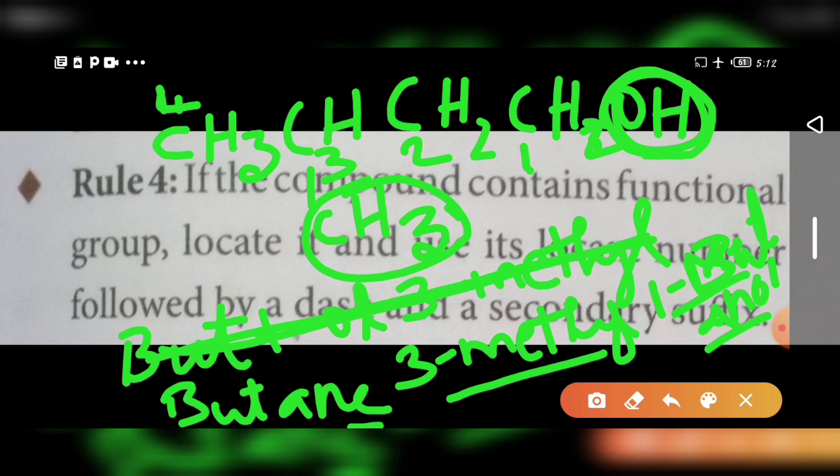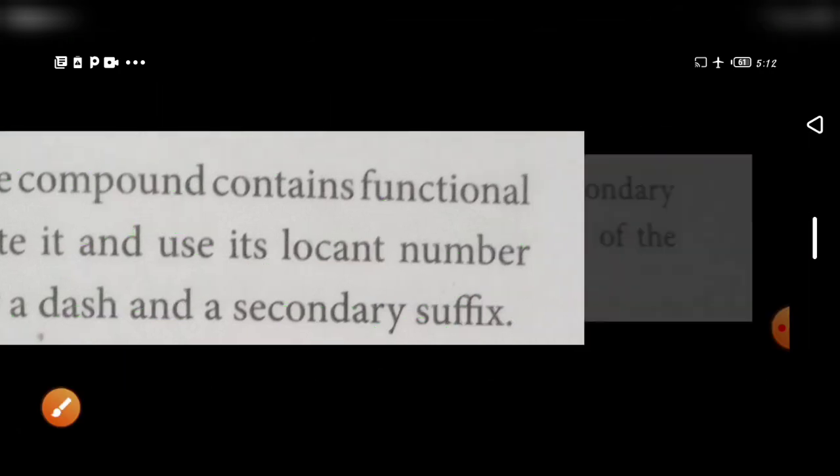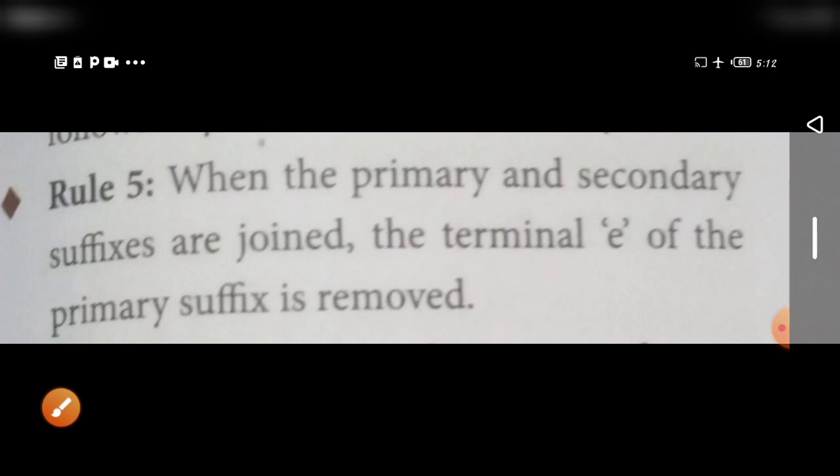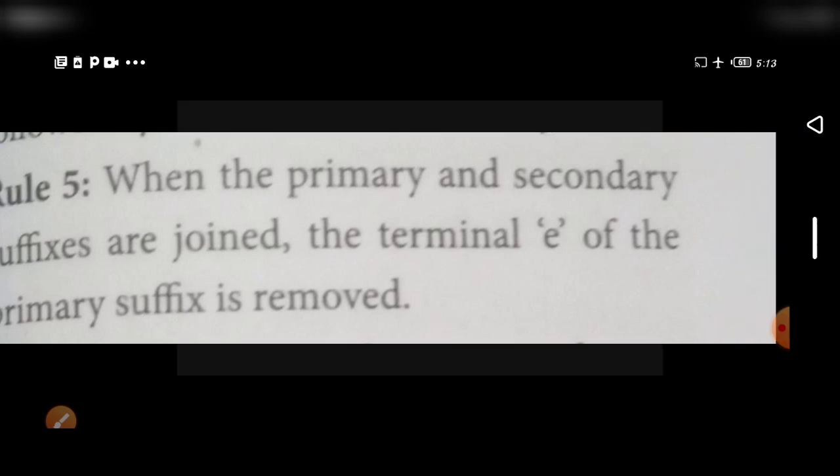Butane. So instead of E, the secondary suffix you write as OL. Okay. Next, when the primary and the secondary suffix are joined, the terminal E of the primary suffix is removed. I already said that earlier. Instead of E you put OL. Suppose aldehyde, instead of E you put AL. Or if it is a ketone, instead of E you put ONE. Suppose it is a carboxylic acid, instead of E you put oic acid. Okay.